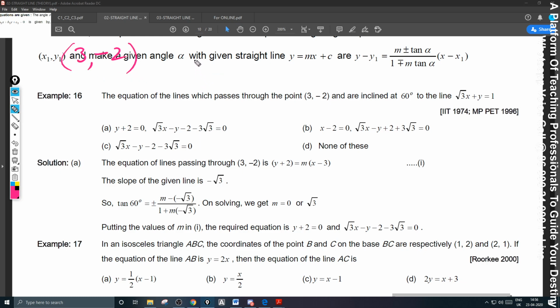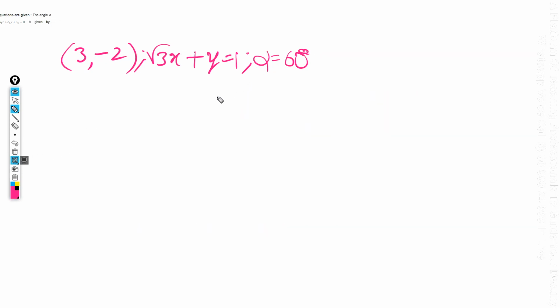The angle made by the line with the given line root 3 x plus y is equal to 1 is given, let me say alpha, to be 60 degrees. This is the data given.